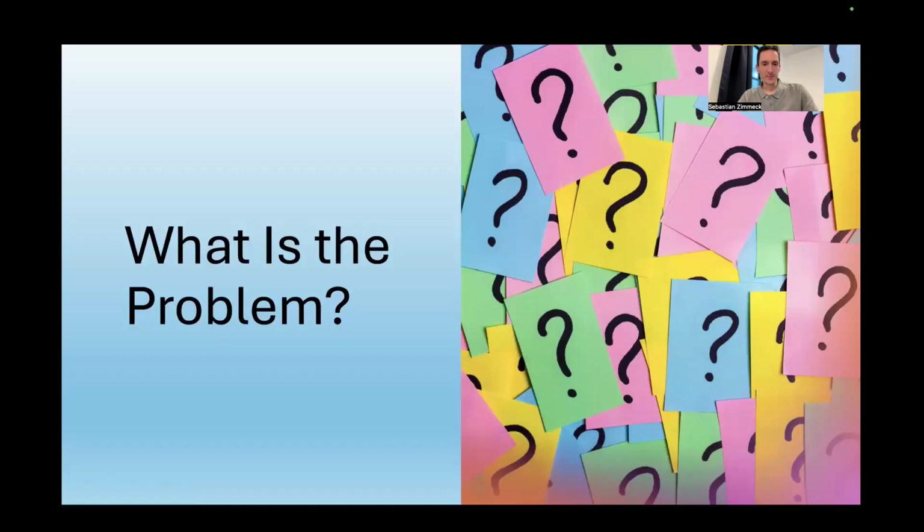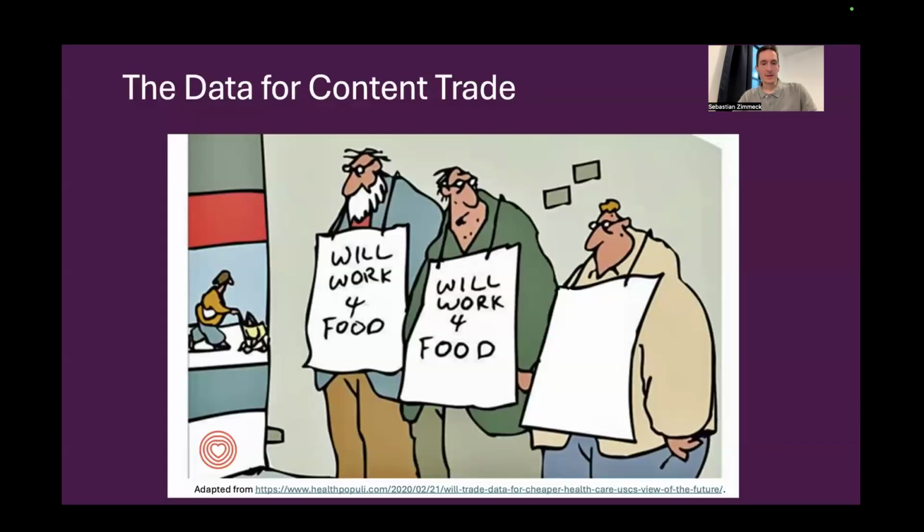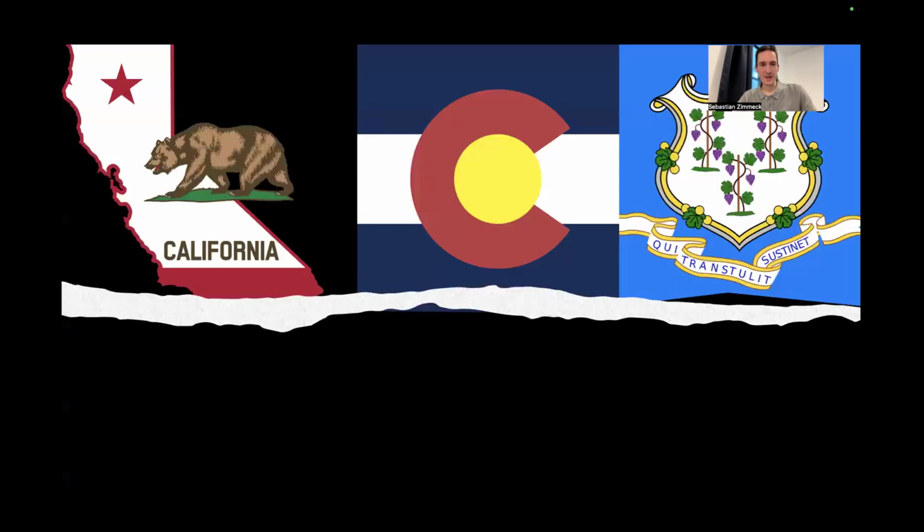So what's the problem? Well, the most common business model on the internet is data for content. So instead of paying a one-time or subscription price, we are paying for content, for example, for social networks, for videos with our data.